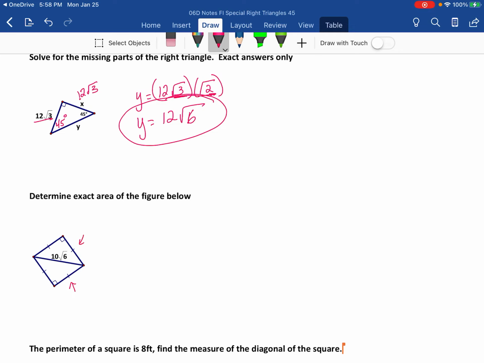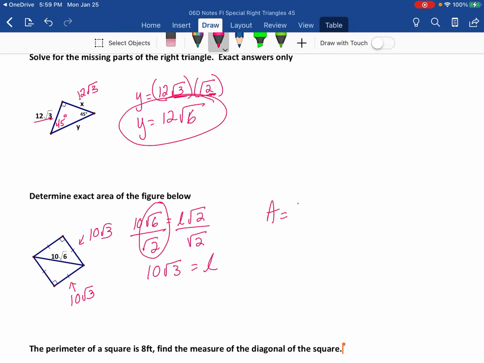This one it says determine the exact area, so I need to find the measures of the sides. I know my hypotenuse is equal to my leg times radical 2. I divide by radical 2. I can divide those out. This is going to be 10 radical 3 is equal to my leg. So each side is 10 radical 3 and 10 radical 3.